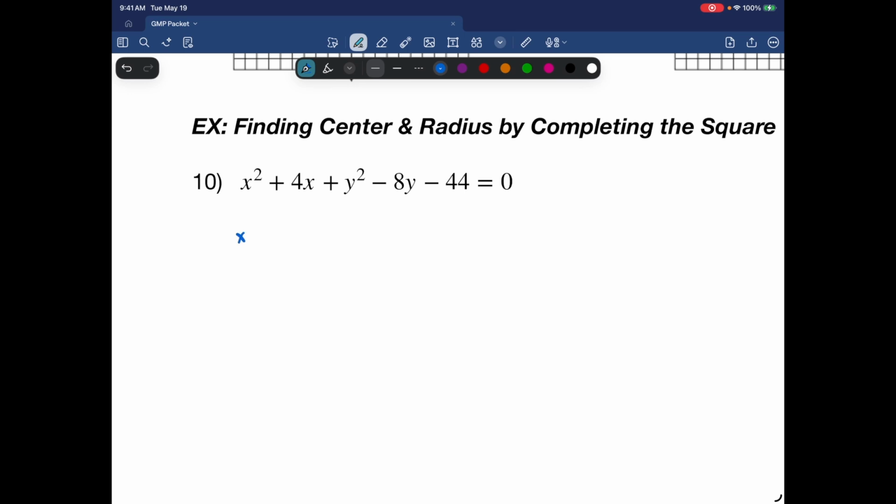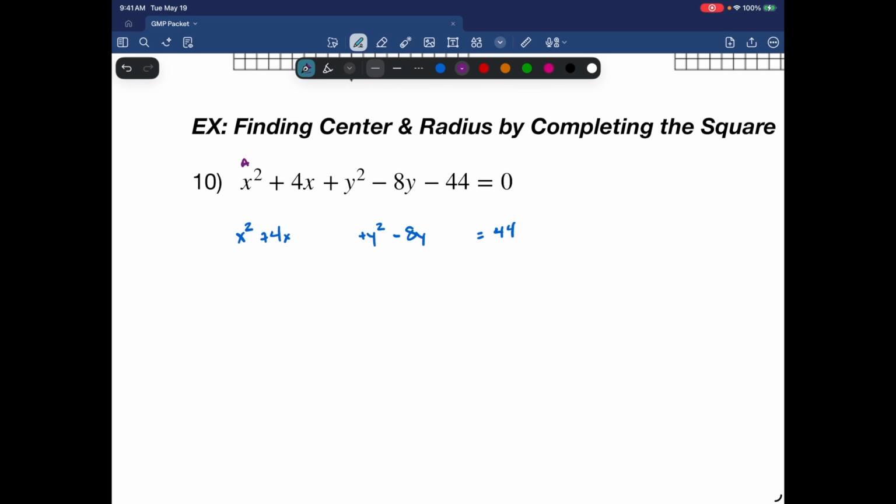So you have x squared plus 4x, leave some space, plus y squared minus 8y, leave some space, equals positive 44. Now, to complete the square, you're trying to get x plus or minus the number all squared, or y plus or minus the number all squared to show up. So here's how we do that.